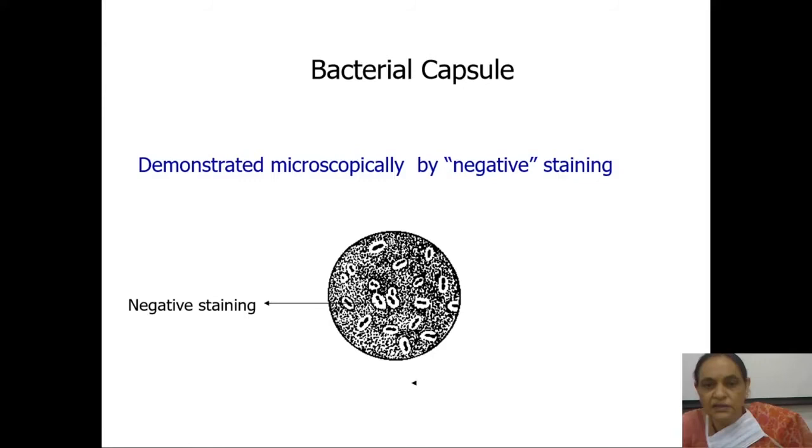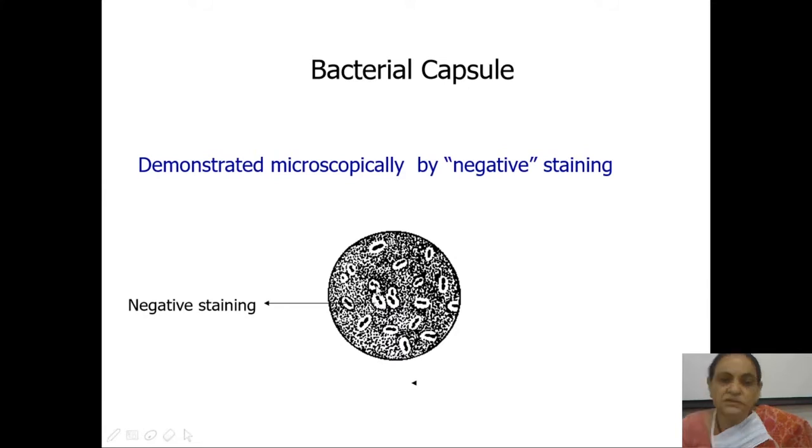Here you put the color and the bacteria does not take up stain due to the capsule present there, which does not allow the stain to come. So the background is stained while the bacterial capsule you can see, and this is just because of the refractive index. You can see the dark color. It's not the stain. So this is a negative stain.